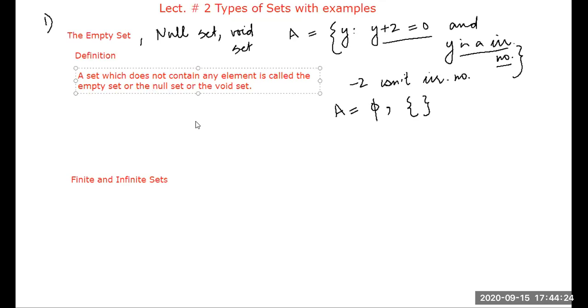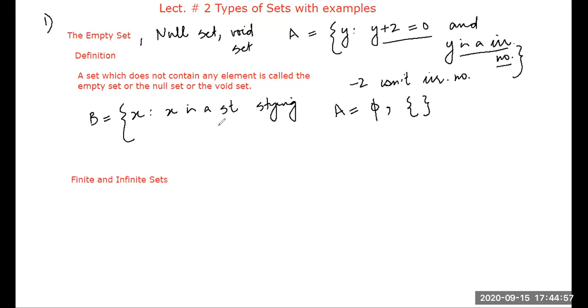Here I can give more examples also. For example, B is the set of all x such that x is a student who is studying in 10th class and 11th class.